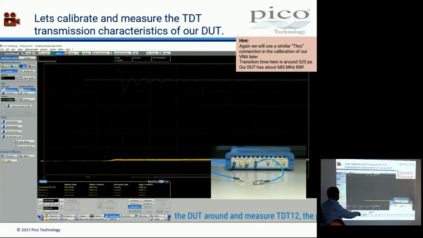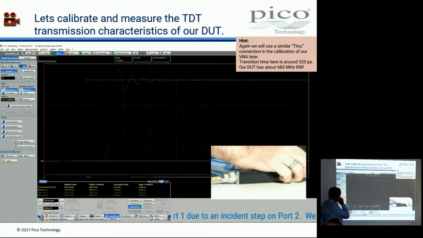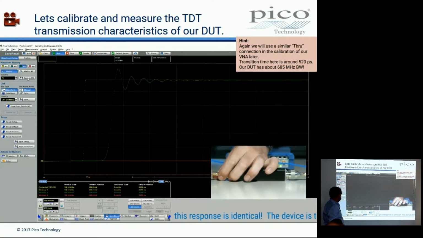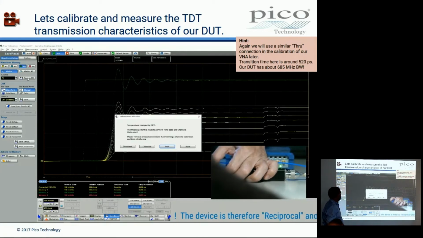I'm going to turn it round. I've saved that green trace, and I'm going to turn it round and make a measurement the other way. Oops.